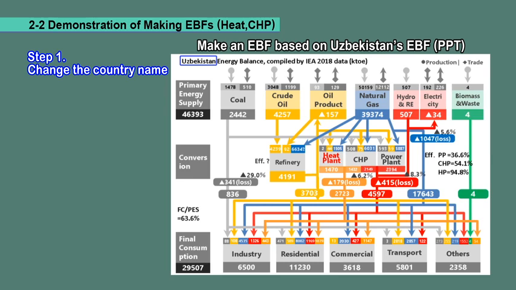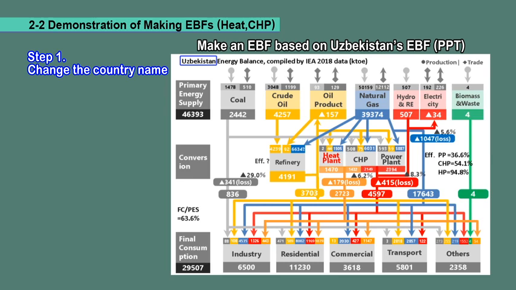Now I'll demonstrate how to make an EBF when it includes heat plants and combined heat and power plants. Here we'll use Uzbekistan as the template for Mongolia. Start by changing the country name to Mongolia.